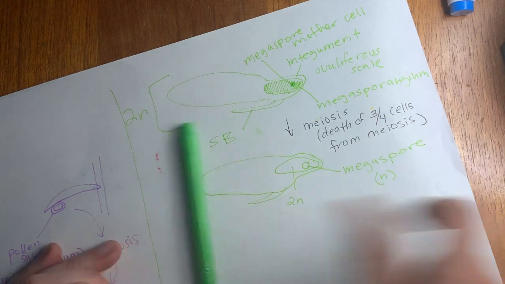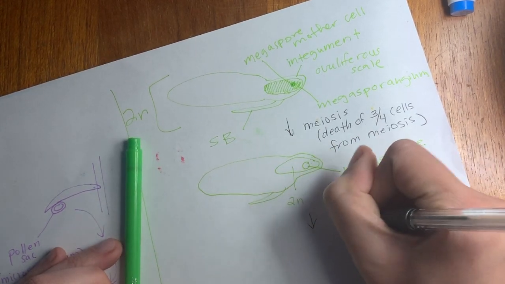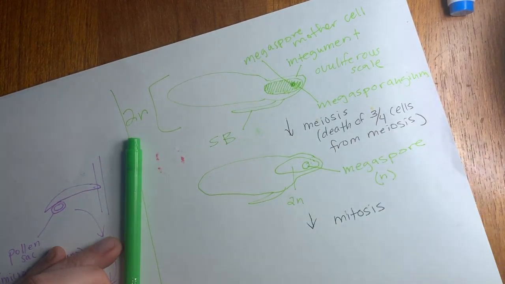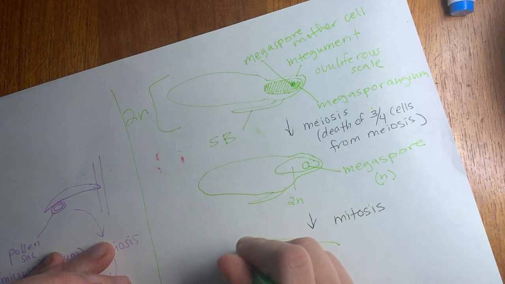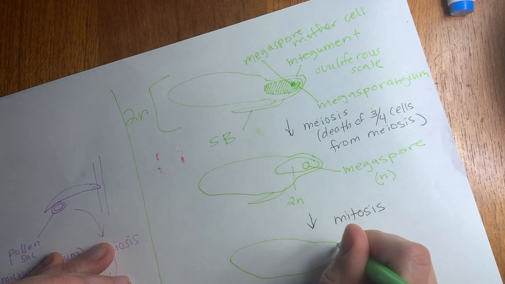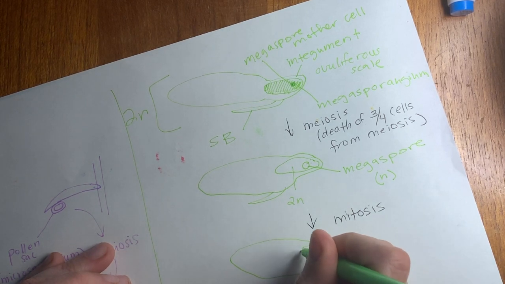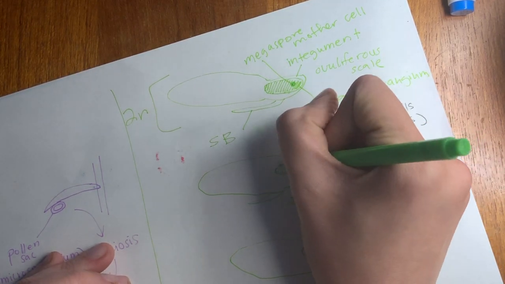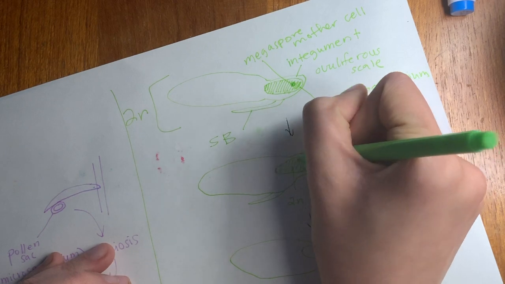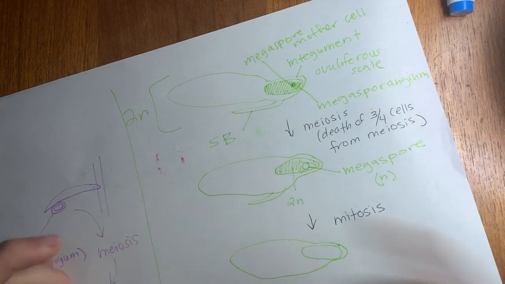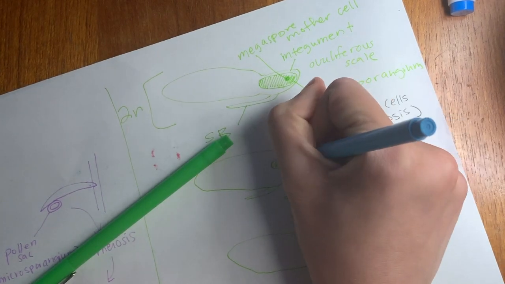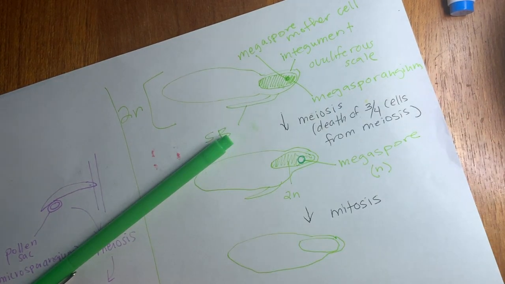It's going to undergo mitosis, right, to make a megagametophyte. So we have our diploid nucellus tissue here. Our megaspore is going to, let's make it a different color, start making this blue. So that's our haploid.